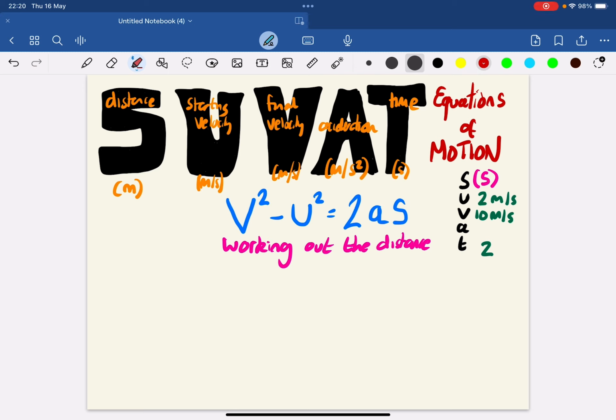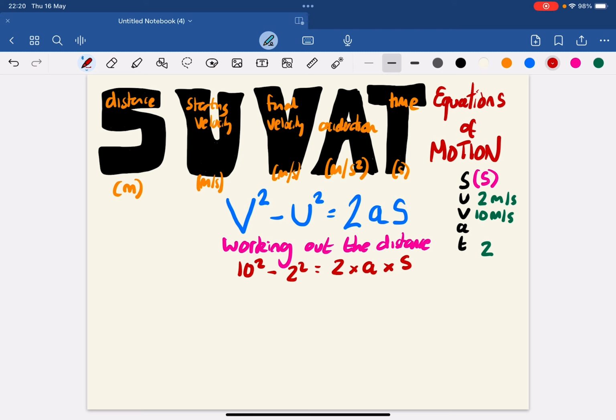So when we do that, V squared is going to be 10 squared, take away U squared, which is 2 squared, is equal to 2 times the acceleration times the distance. Now we need to know the acceleration for this.